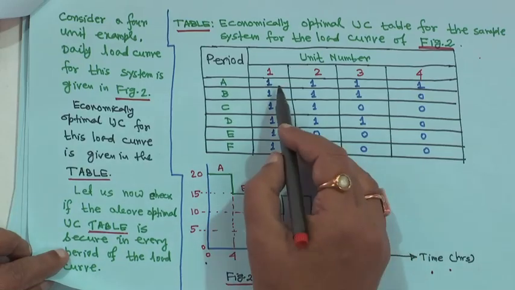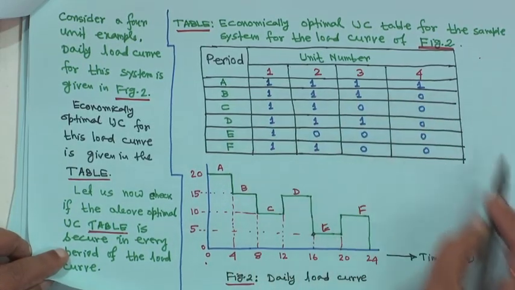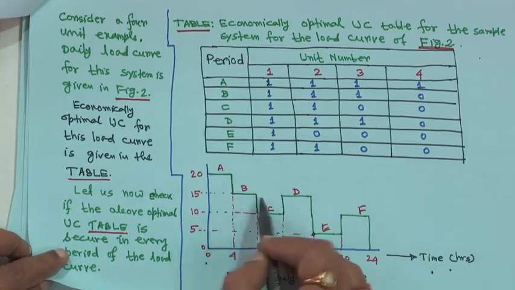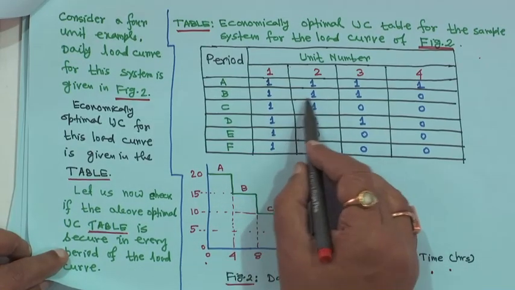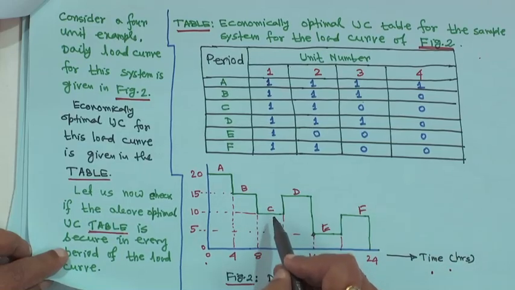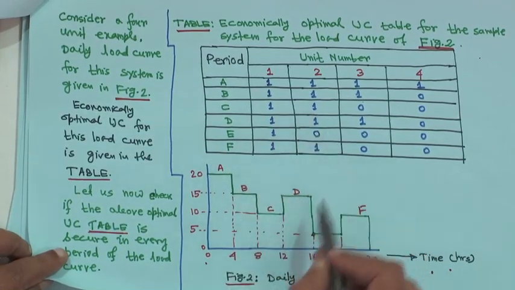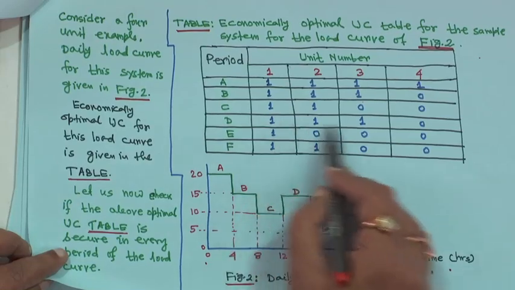During this period all 4 units are operating, but during the B period it is 15 megawatt, 3 units are operating and 1 unit is off. When it is 10 megawatt, in the C period only 2 units are operating, and in the D period again 3 units are operating.